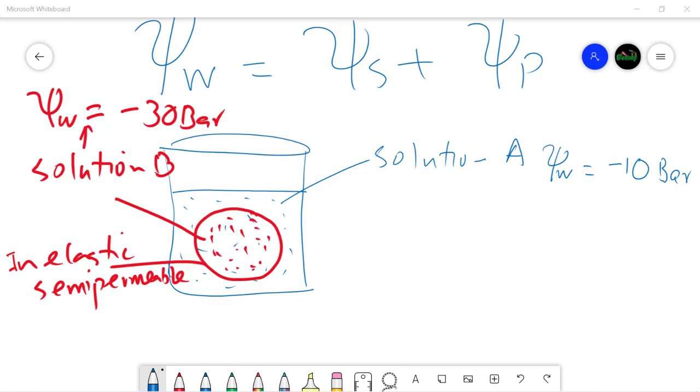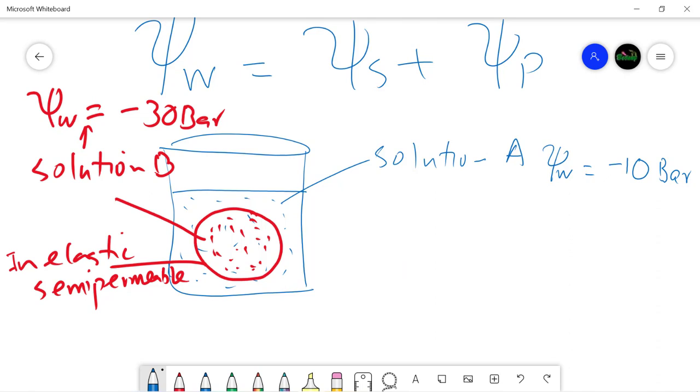One thing that needs attention here: we have mentioned the water potential of both the solutions, minus 30 bars in case of solution B and minus 10 bars in case of solution A. What about their solute potential or psi S? We are talking about two solutions.